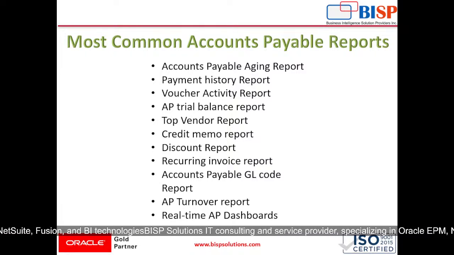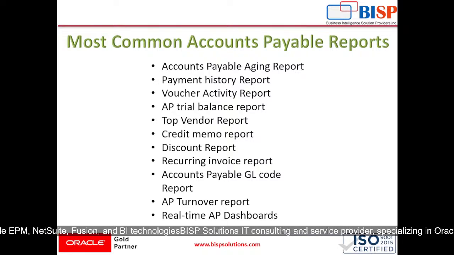Coming to the AP turnover report. This report tracks the performance of the AP process by monitoring trends in the AP turnover ratio, a KPI that reflects how quickly the company pays its creditors. KPI is key performance indicator. A high AP turnover ratio shows that the business pays its bills quickly, which may improve its standing with lenders and creditors.